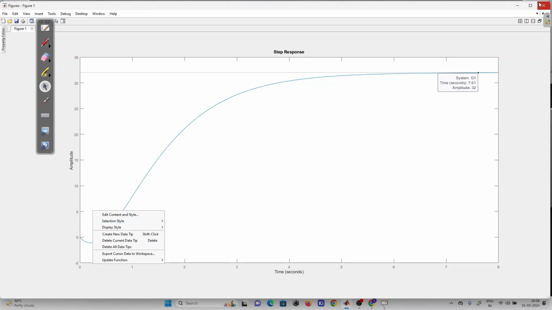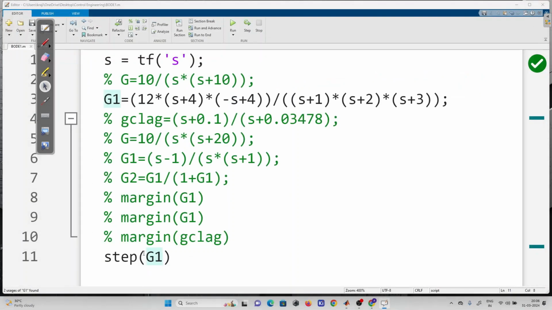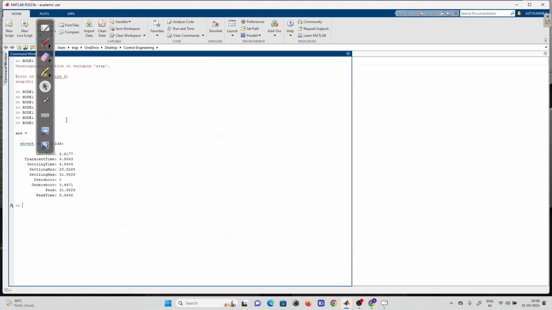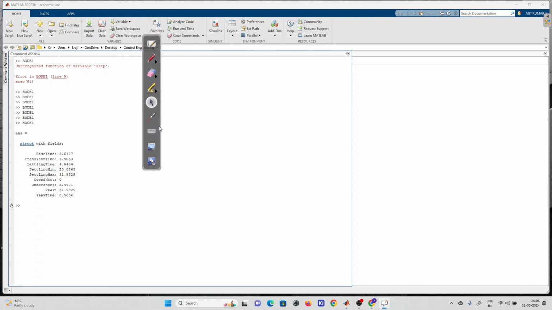We can do it with stepinfo, so it will show all the parameters. stepinfo G1, if I do that. See, something came here. So how much undershoot are we getting? 3.4471, correct? Is it visible?